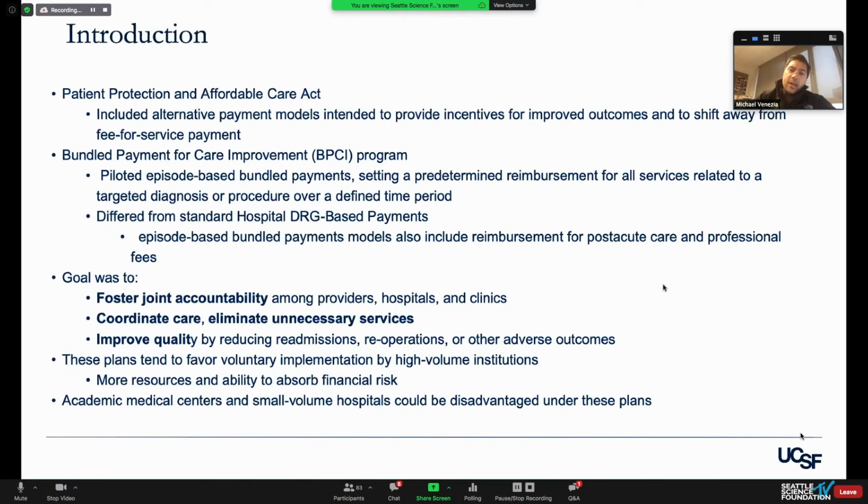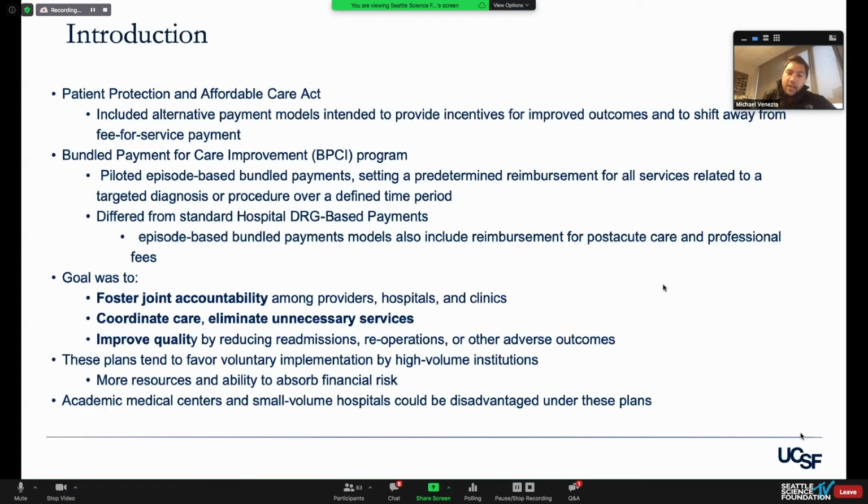Now, this differed from hospital-based DRG reimbursements in a fee-for-service system, as it also included post-acute care as well as professional fees. The goals were to foster joint accountability among the providers and hospitals, as well as coordinate care and eliminate certain unnecessary services while streamlining efficiencies and improving the quality overall, including the reduction of admissions as well as reoperations or adverse outcomes.